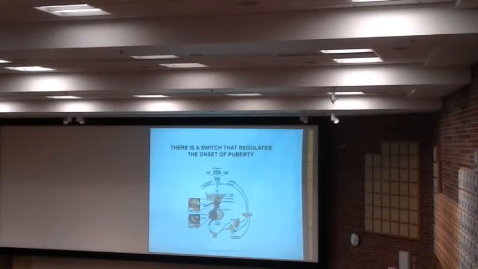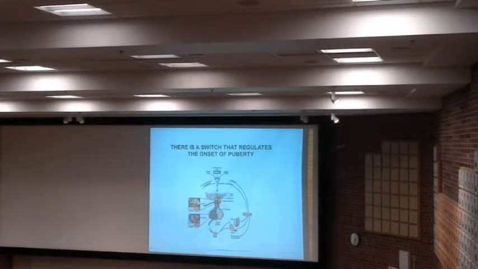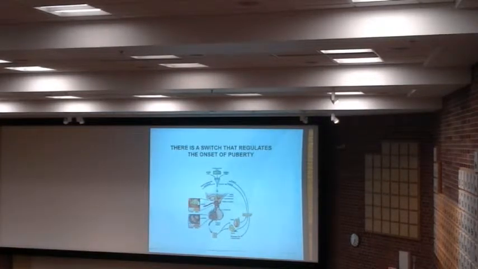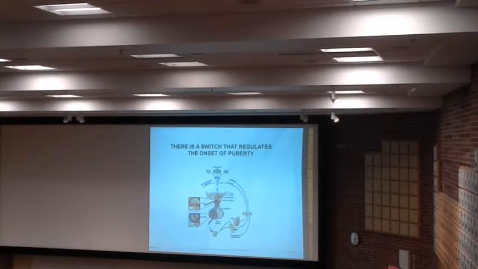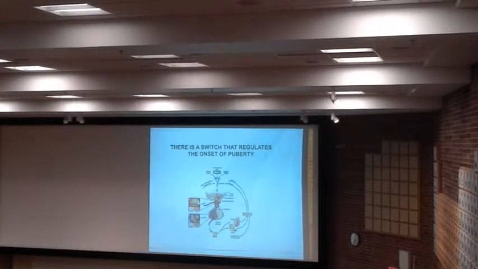And we said that this switch corresponds to a network of interacting cells, found in multiple parts of the body, all interacting with each other through chemical signals. This is not a homeostatic mechanism, a negative feedback loop, but another example of a network of interacting cells producing a developmental switch, turning on a developmental event.